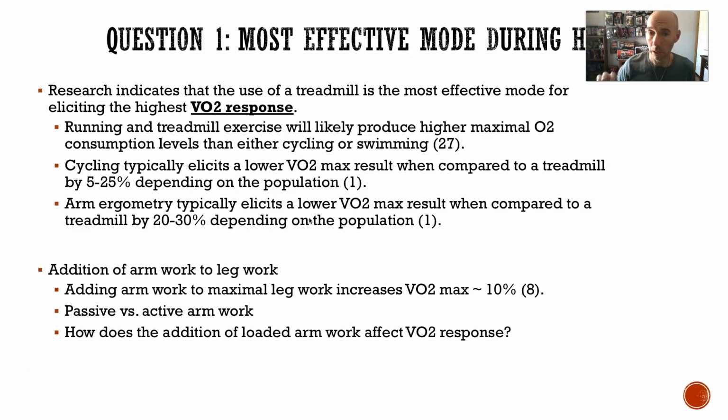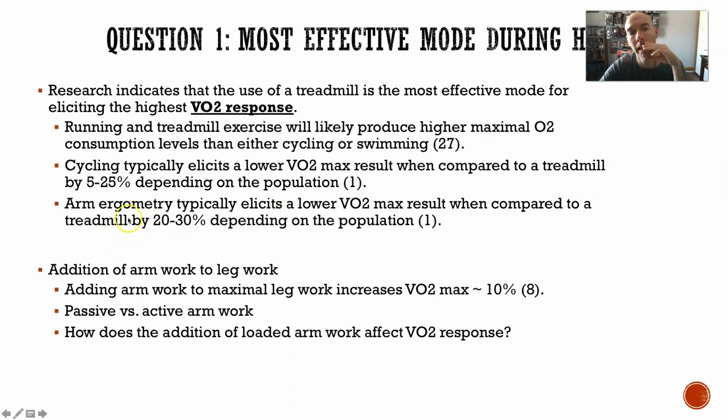But also the fact that cycling is only a lower body activity where running uses upper body and lower body both. The more muscle mass that is involved, the greater the metabolic demand will be, the more calories you will burn, the more energy will be expended. To back that up even further, arm ergometry, which is basically like using an arm bike, gets a 20 to 30% lower VO2 max compared to treadmill.